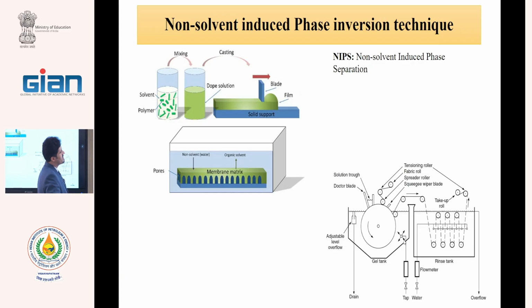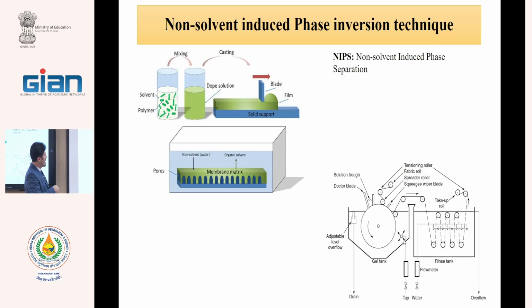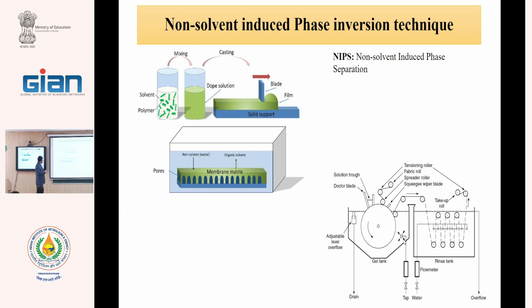In industrial scale, I showed the film yesterday. This device is used. The process is similar, but the device is different. In this area, we have a doctor blade and solution.